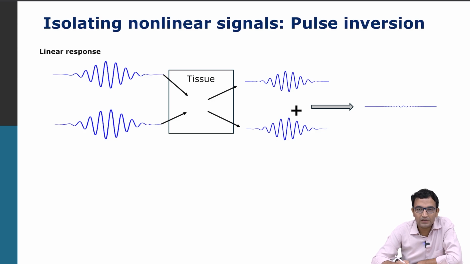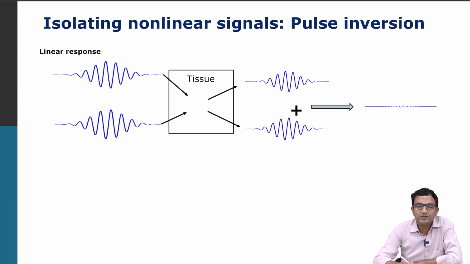One method is pulse inversion, in which you send two pulses in succession and they propagate in tissue, and after some time you sum these pulses. The only thing is these pulses were initially inverted in phase. So if you sum up the input, you get the answer as 0. But now, because of the principle of superposition, if you sum up the output, the answer is also going to be 0, right?